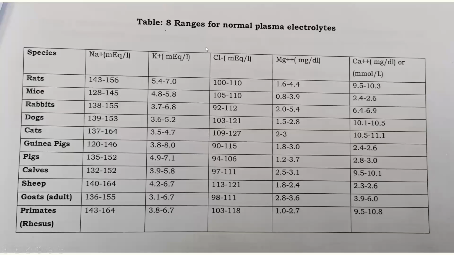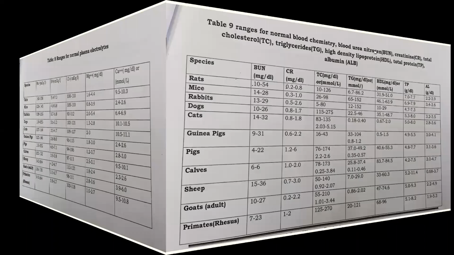Then these are the ranges for normal plasma electrolytes. So when somebody is doing a diuretic study or cardiovascular study, or in some toxicity studies, it needs to evaluate the sodium, potassium, calcium, magnesium concentration, and chloride concentration. So it needs to be compared with the normal value in the animals.